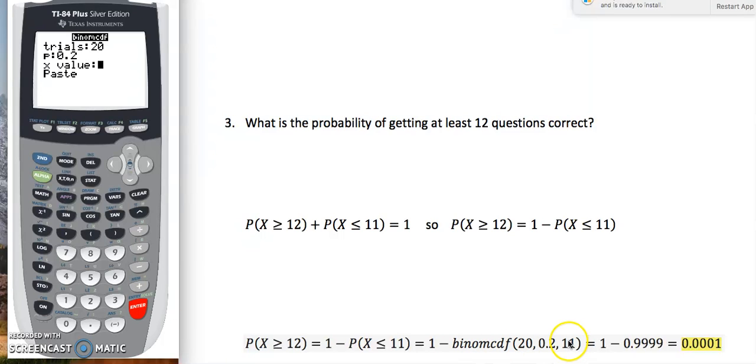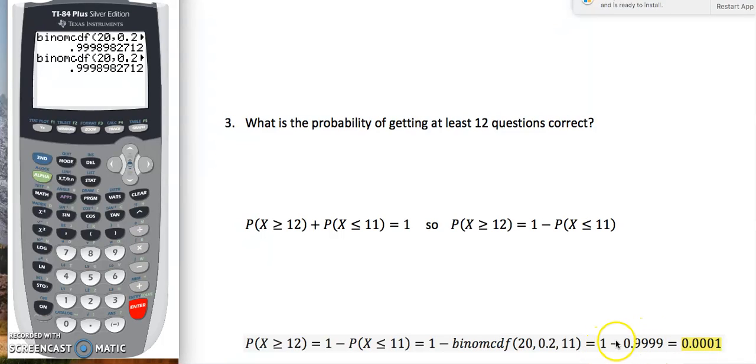And up to how many questions? We want up to 11. And you end up with 0.9999 rounding to 4 decimal places.